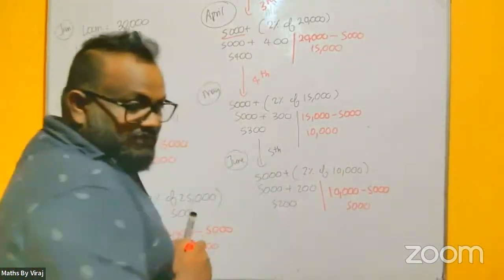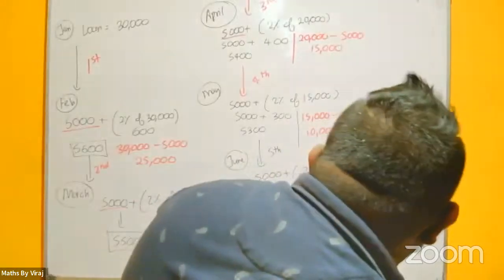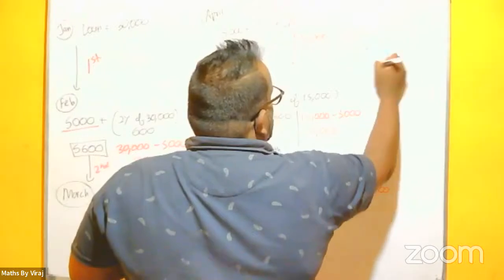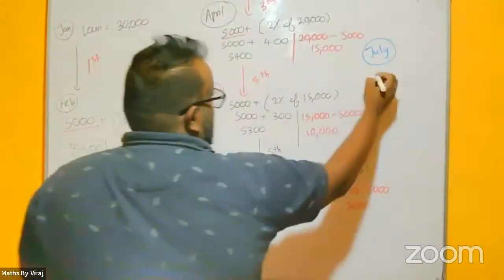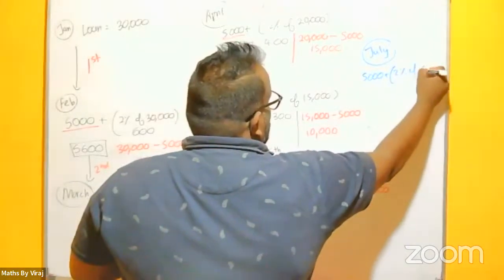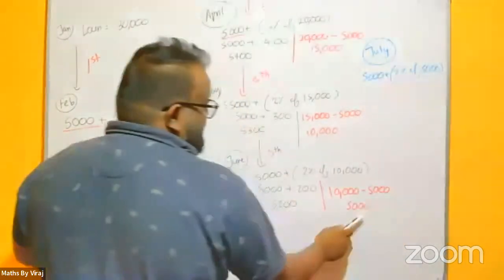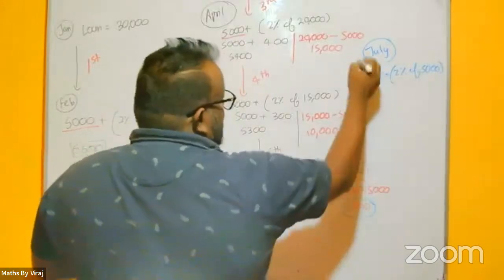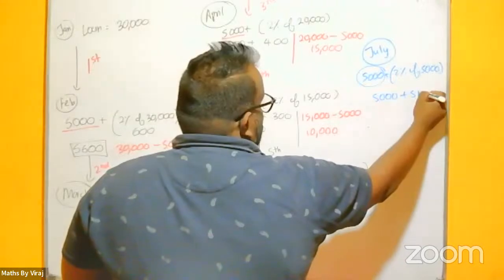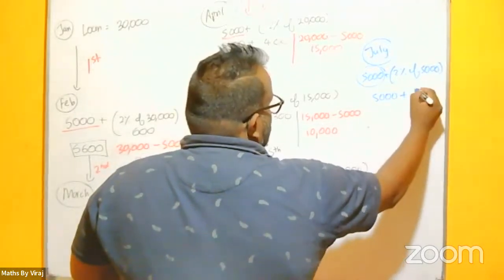Therefore, children, unfortunately, again, I don't have enough space, but in the month of July, how am I to pay? 5,000 plus 2% of 5,000. This 5,000 is the amount that is being paid here. Therefore, 5,000 plus 100.